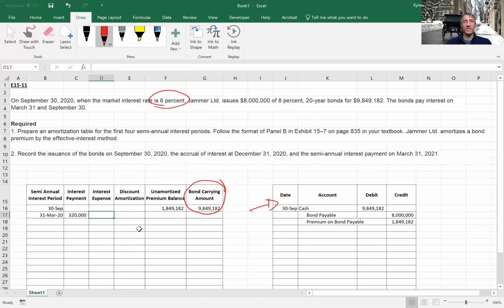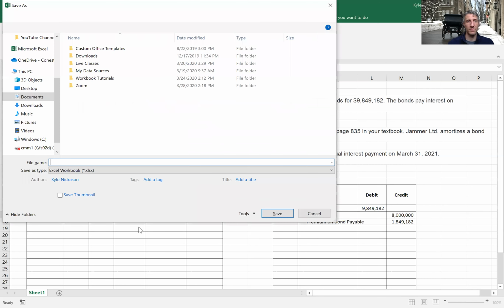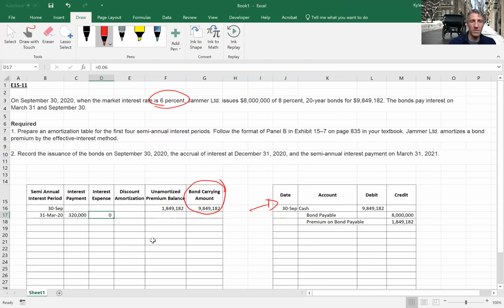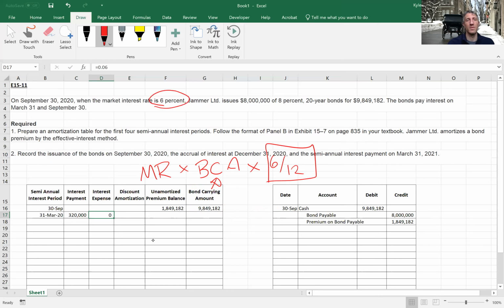So since that happened, the interest expense is going to be the 6%, and I'll do this in my red pen first. So that's going to be the market rate. That's the interest rate multiplied by the bond carrying amount here, and then prorated to the number of months, because the market rate is always stated annually.